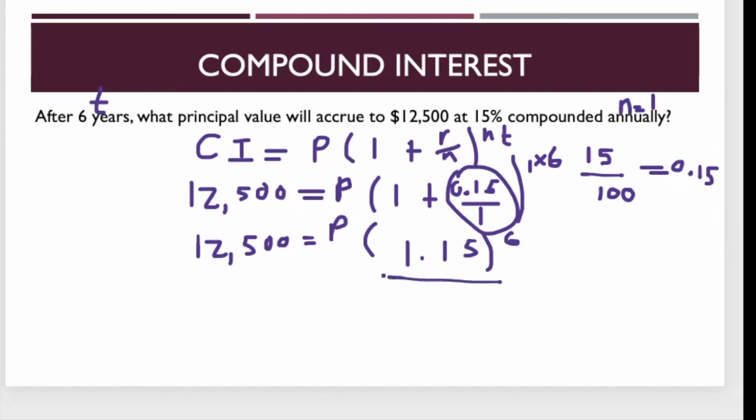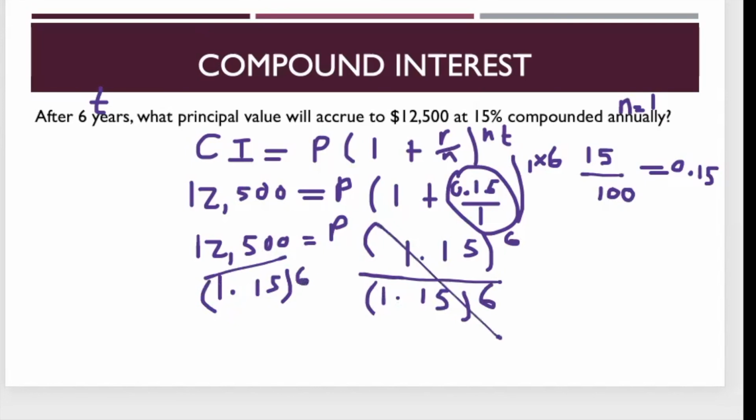Now I am going to divide both sides by 1.15 raised to the 6. So dividing both sides by 1.15 raised to the 6, this cancels. So I have P is equal to 12,500, and remember, I've explained that you can divide it by 1.15 raised to the power 6.